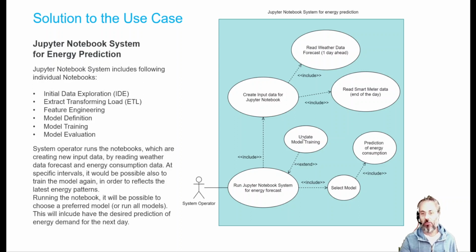When we have new data, it will sometimes be a good idea to update the model training. So the Jupyter notebook will also help to select the best performing model, and finally to predict the energy consumption, which is our target.